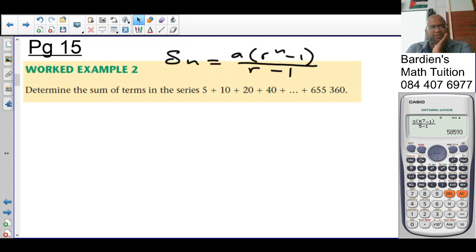Okay, good. So he says you must calculate the general term of the series, set it equal to the last term, and then solve for n that way. Once you have n, we then substitute n into that Sn formula. Okay, so I'll give you a couple of minutes to do that quickly. I'll pause the video at this point.